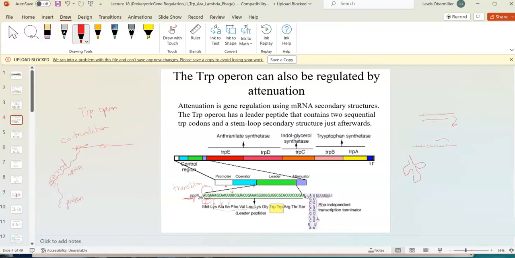So in this region, this is the attenuation region. In the attenuation region, there are two tryptophan codons, which are right here.